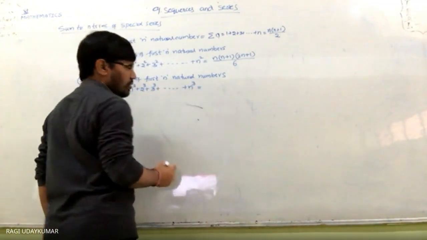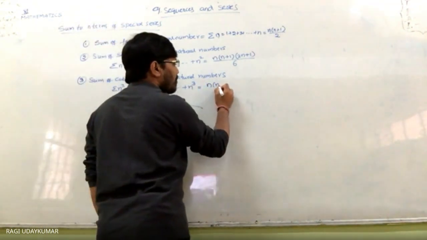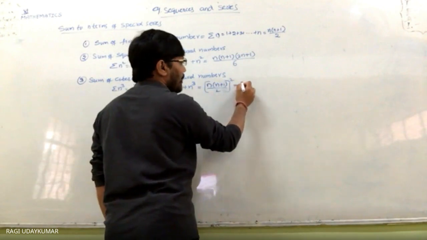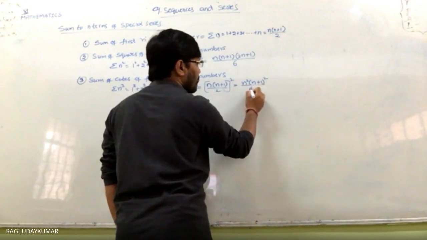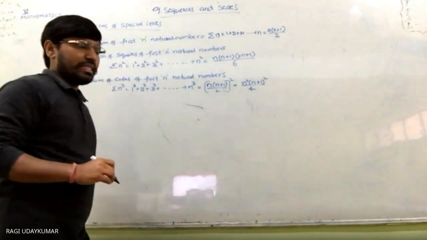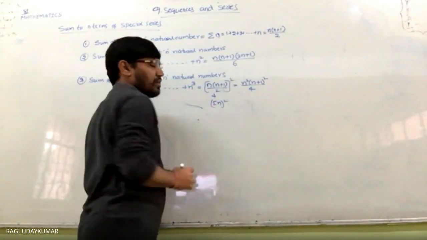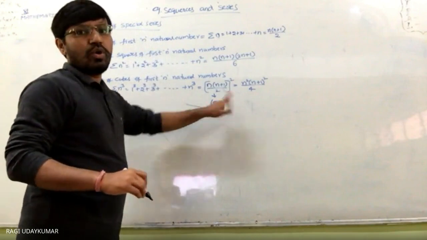This equals n into n plus 1 by 2 whole square, that is n square into n plus 1 whole square by 4. This is sigma n whole square. So sigma n cube is equal to sigma n whole square.